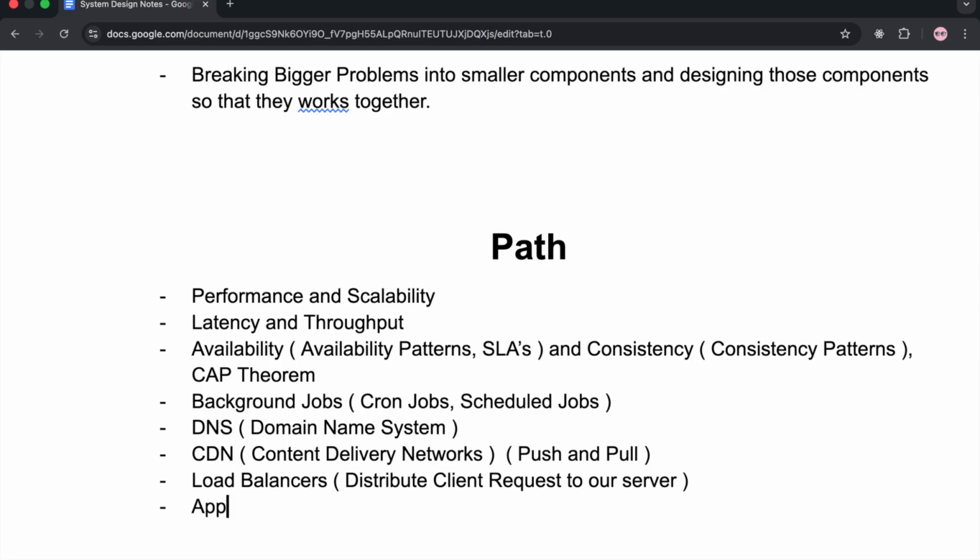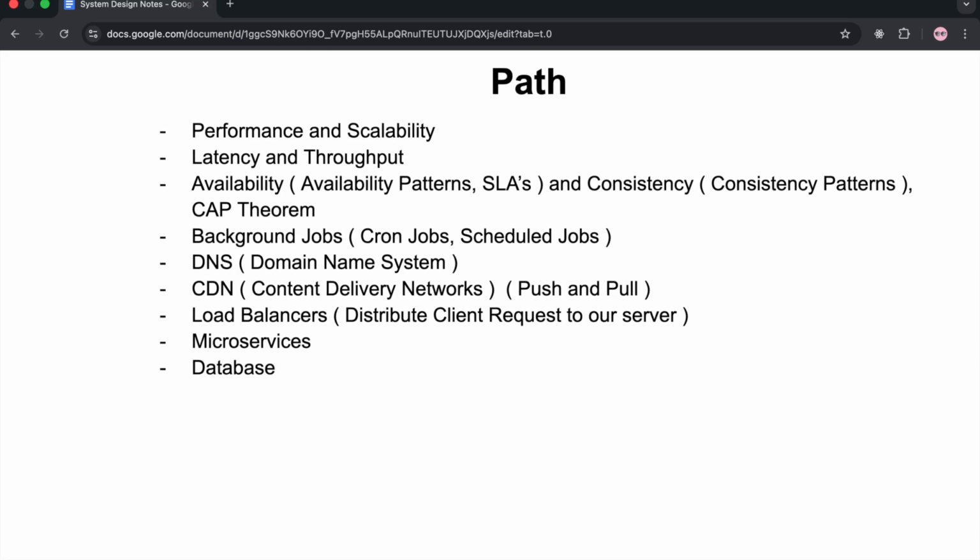We will also talk about the application layer, like microservices, and databases separately, like SQL, NoSQL, and queries, right? And after that we will talk about caching.